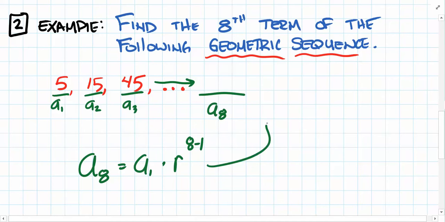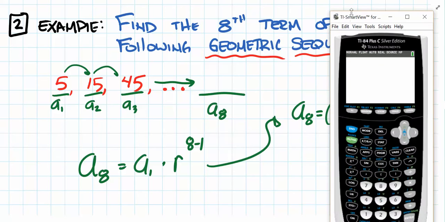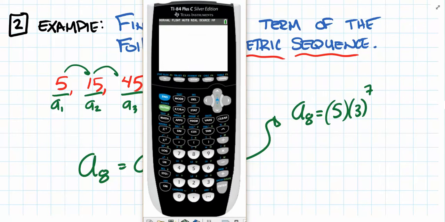Plugging in what I know, a sub 8 has to be the very first term, which is 5, multiplied by the ratio, which happens to be 3, because each time I'm multiplying by 3, and I'm going to raise that to the power of 7. So I need to figure out what 5 times 3 to the 7th is. It's okay to use your calculator on this. Let me show you how to do it.